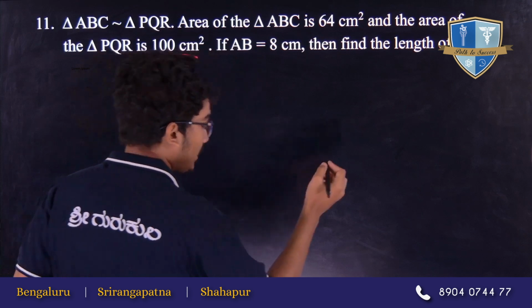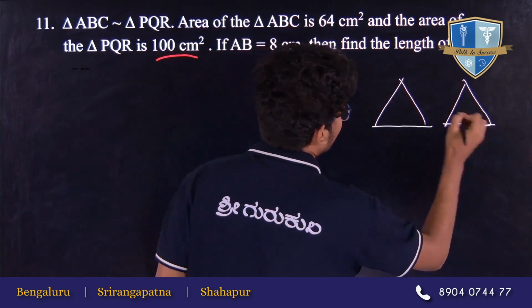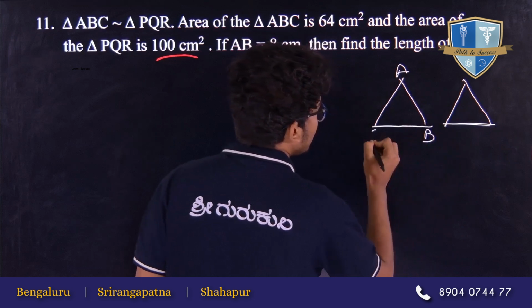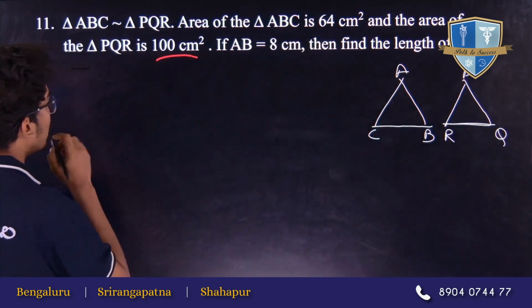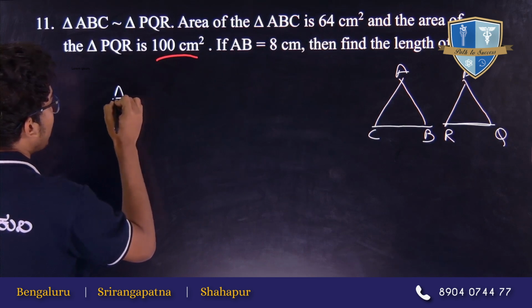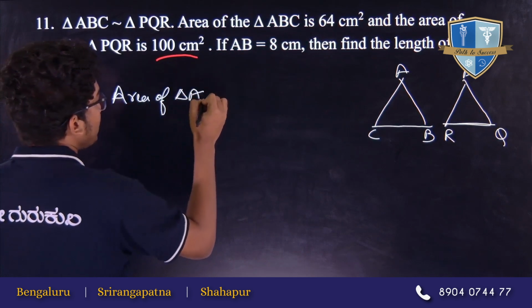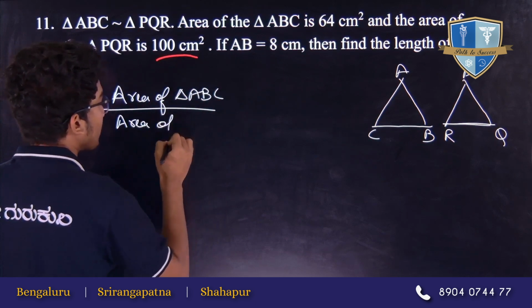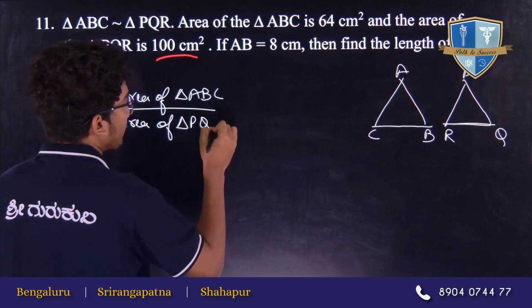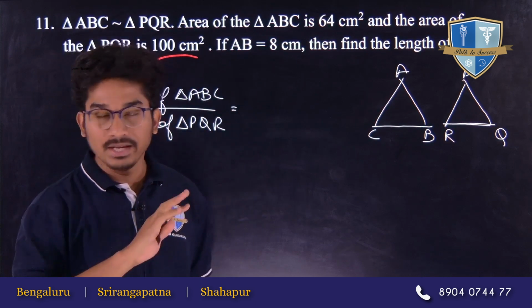So if two triangles are similar, triangle ABC is similar to PQR. So from this we know one relation: area of triangle ABC upon area of triangle PQR will be equal to the square of the ratio of any corresponding side.